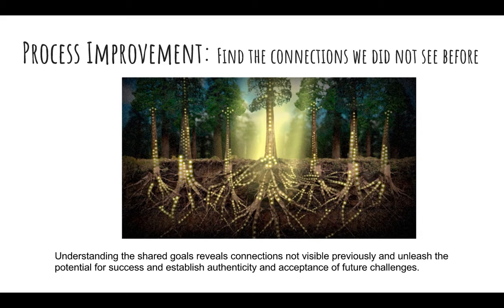All of these steps are to improve processes, find the connections that you may not have seen before, and understand that we all have the same goals. Everyone in the organization is trying to achieve what is best for the organization. Sometimes that can only be done in a max mixed group of people.